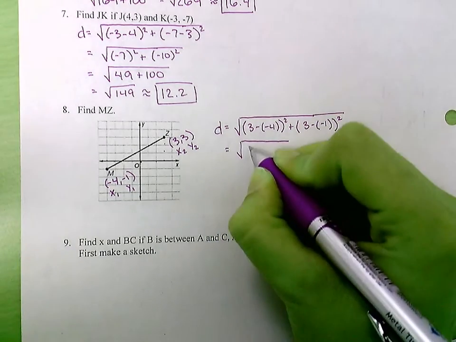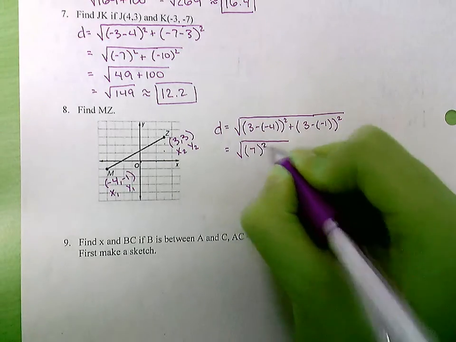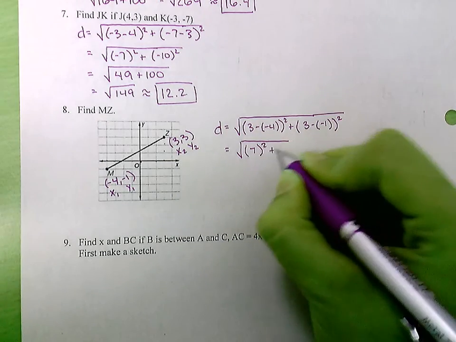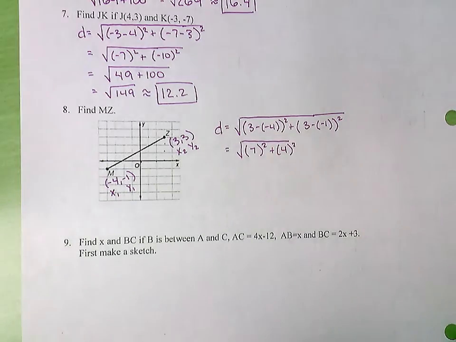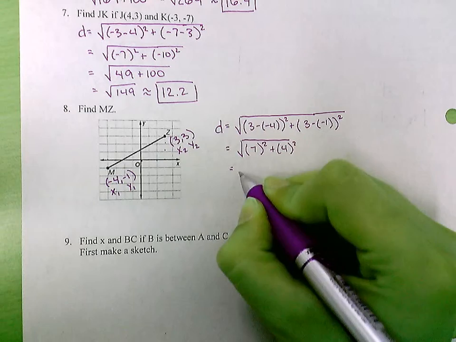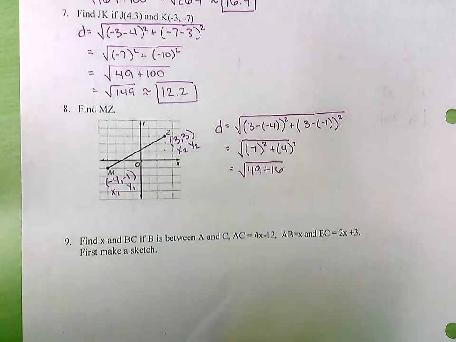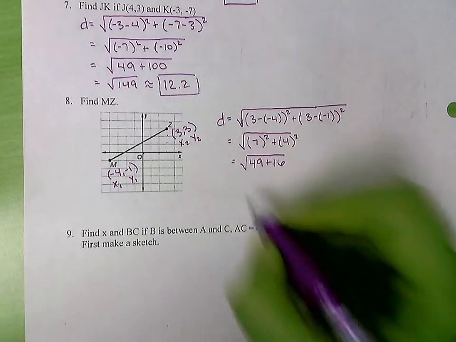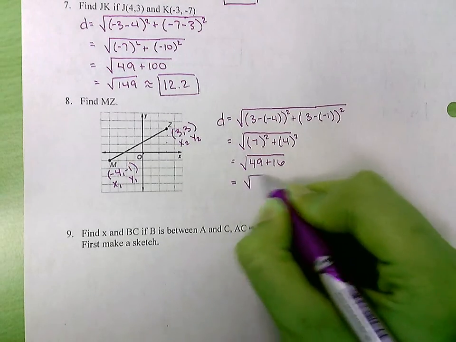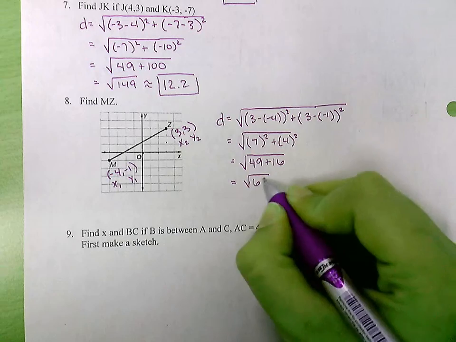So we have the square root of 7 squared here, plus 4 squared. So I'll end up with the square root of 49 plus 16, which is equal to the square root of 65.